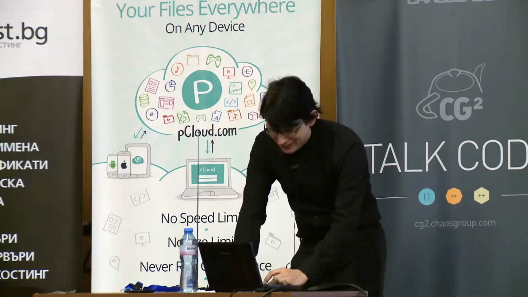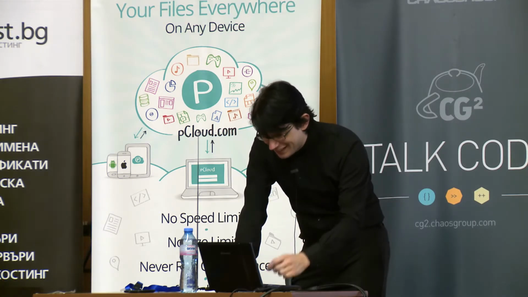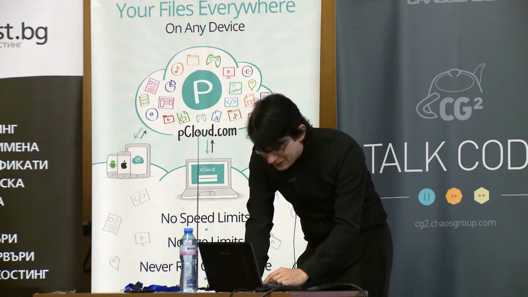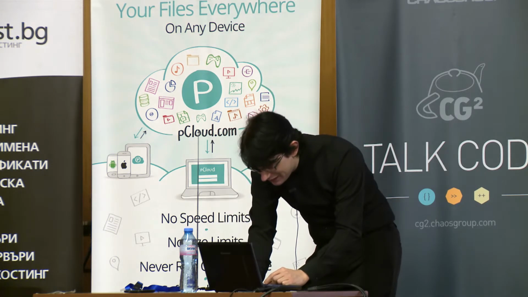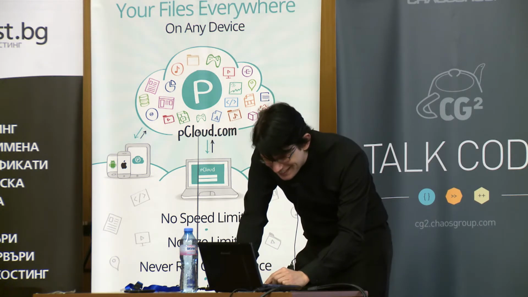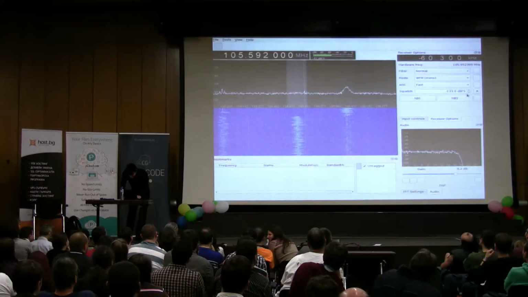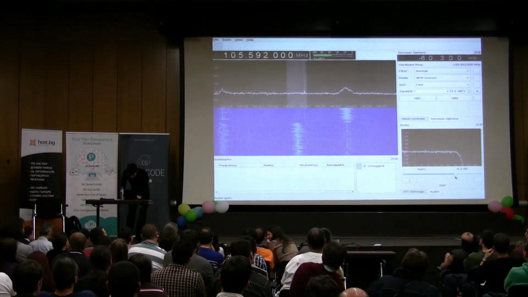But you know, analog FM radio, of course, is not very exciting. I think we cannot increase the volume, unfortunately. Okay, so we can increase the volume. Let me reduce it again.